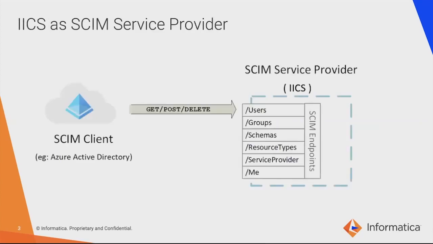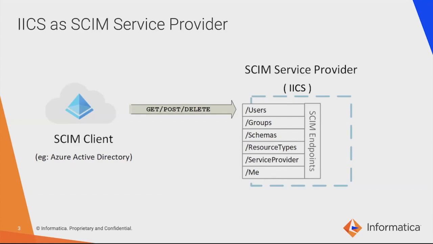As I mentioned earlier, SCIM is basically a bunch of APIs that your service provider would implement, which is IICS in this case. You will have your client, which could be Okta or Azure directly, for example, which would send the CRUD operation requests to the service provider for SCIM.